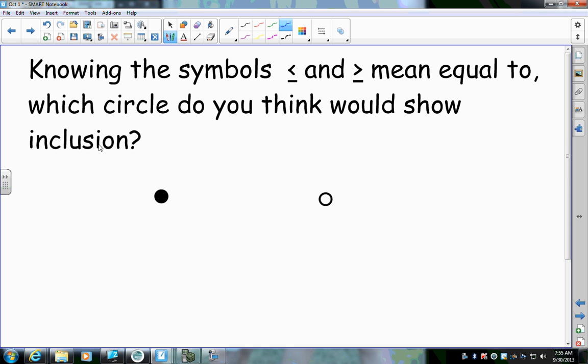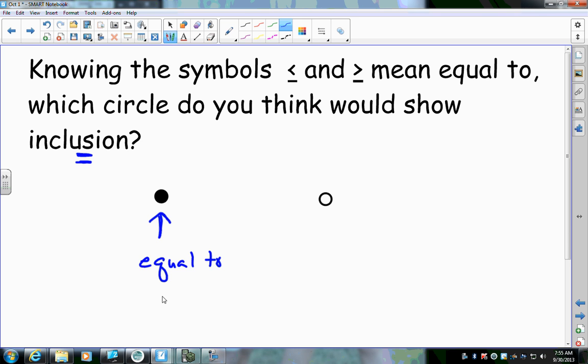Now, knowing the symbols less than or equal to and greater than or equal to, knowing these symbols mean equal to, which circle do you think would show inclusion? Inclusion is the same as making it equal to. And we talked about this before: the closed circle right there is what means equal to.